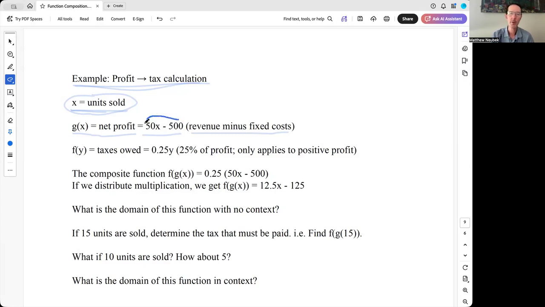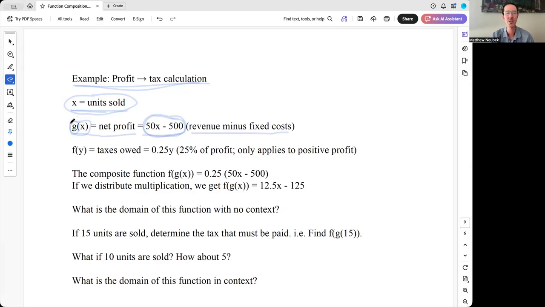And once we know how many units we're selling, this is a little formula that will help us figure out how much profit our company has made. Once we know what this number is, which is represented by g of x, so that's the name of the function, g, or we could have called it p of x. We could have called it profit of x.